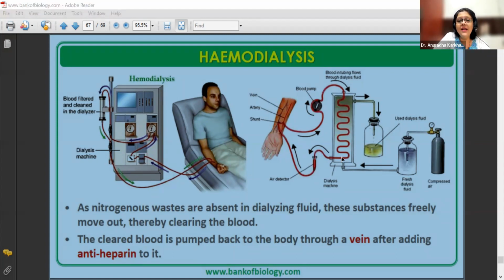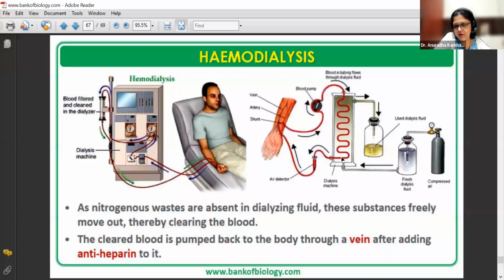It is going to act like your anti-blood coagulant. Palak, it's going to be acting like an anti-blood coagulant, and efficiency of filtration will improve. Okay, compressed air to remove the bubbles, if any. Yes, right.